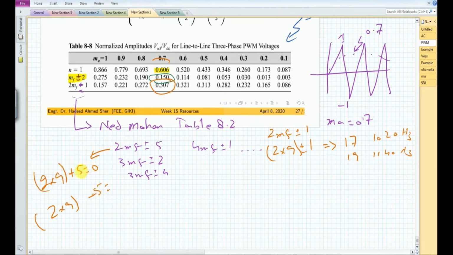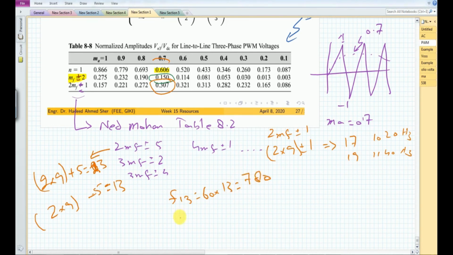That means 18 minus 5, the 13th harmonic, should exist here, and also, sorry, this is the 23rd, and this is the 13th harmonic. So f13 is equal to 60 cross 13, that is equal to 780 hertz.